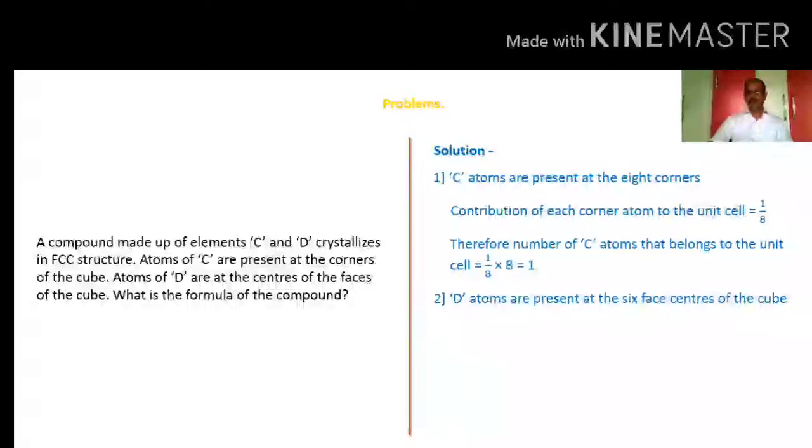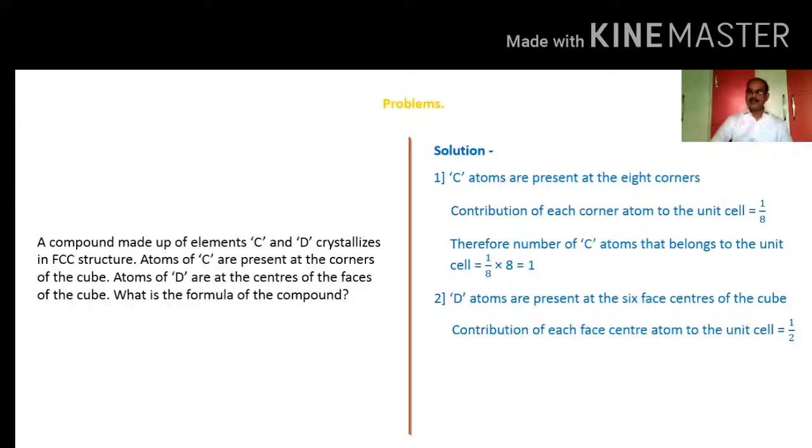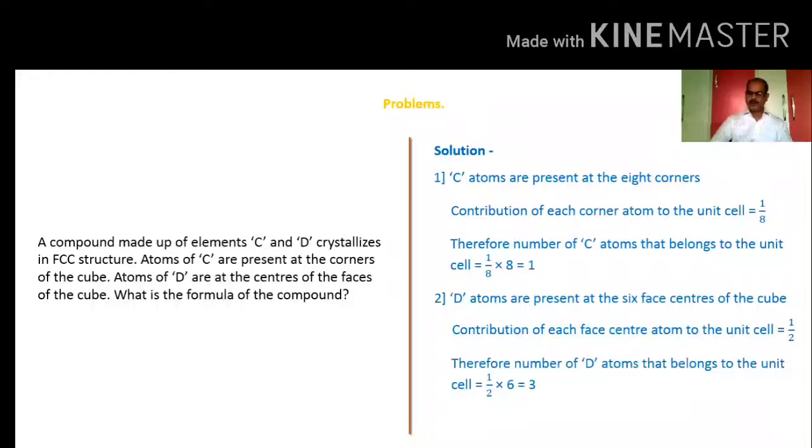It is given that D atoms are present at the 6 face centers of the cube. We also know that contribution of each face centered atom to the unit cell is 1/2. Therefore, number of D atoms that belongs to the unit cell is 1/2 into 6, that is equal to 3.